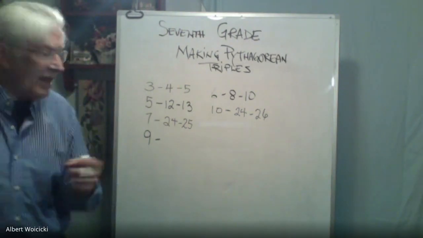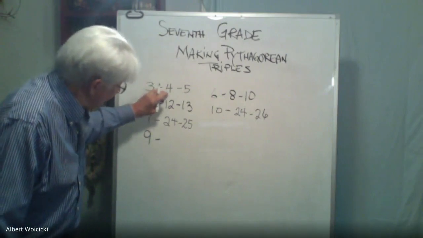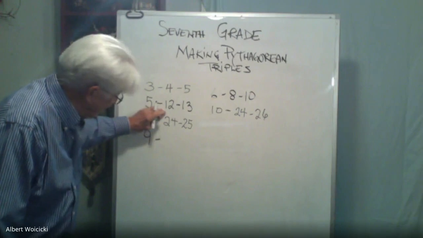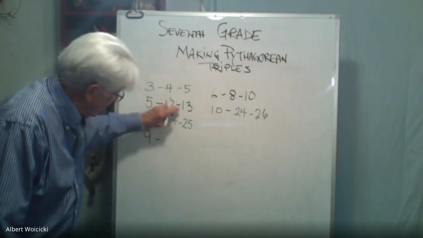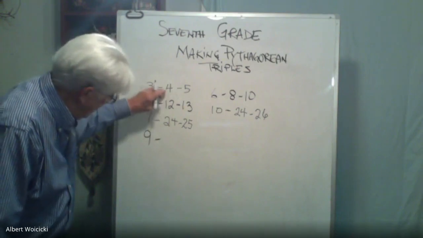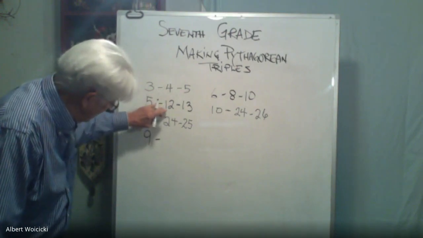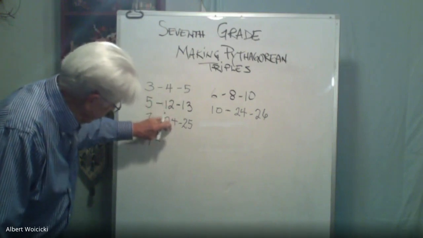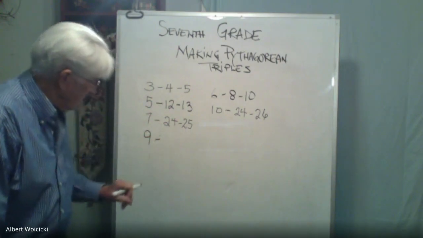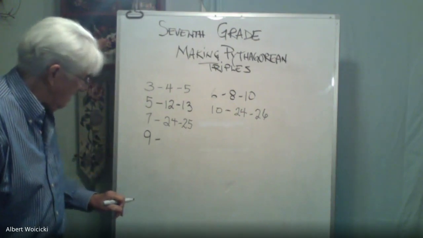And I know that they might say, well, see, 4 times 3 is 12. 12 doubled is 24. There doesn't seem to be anything here.